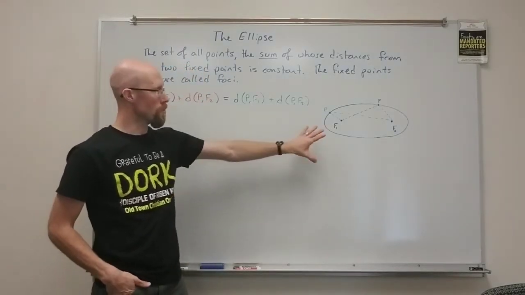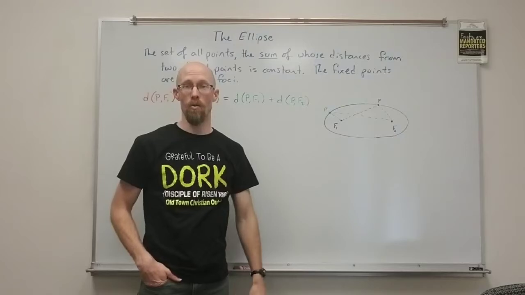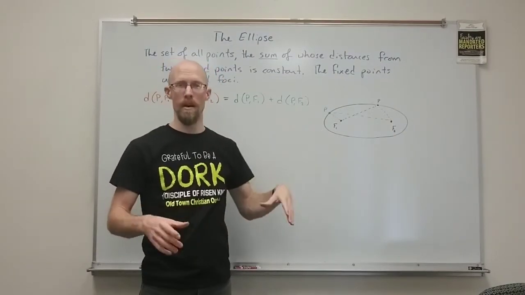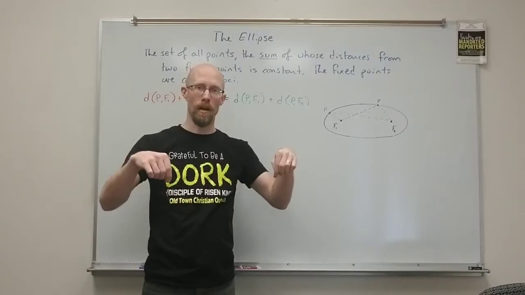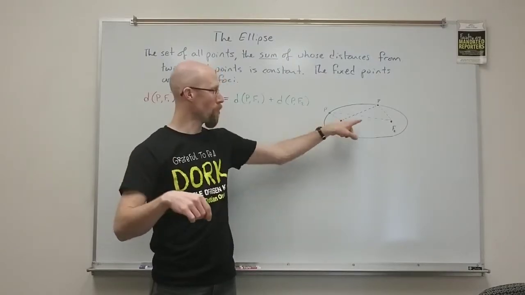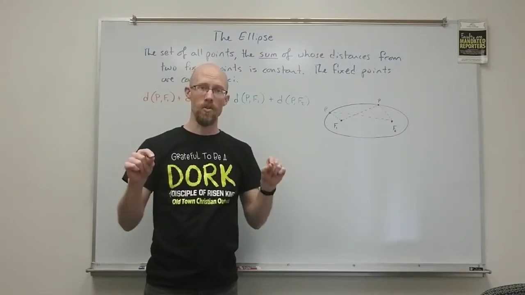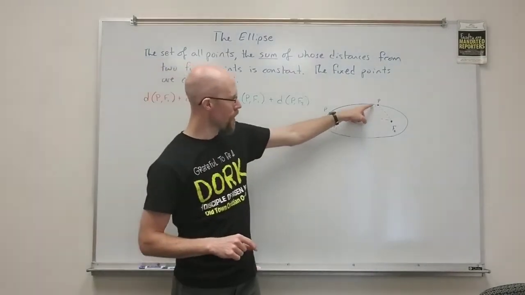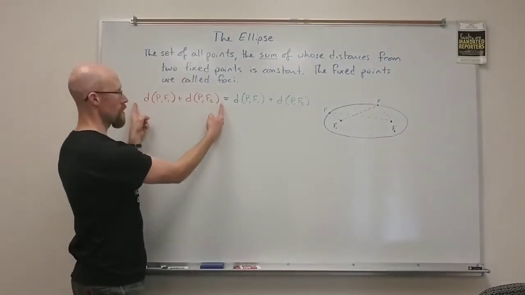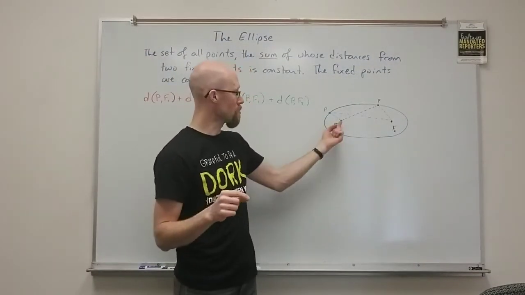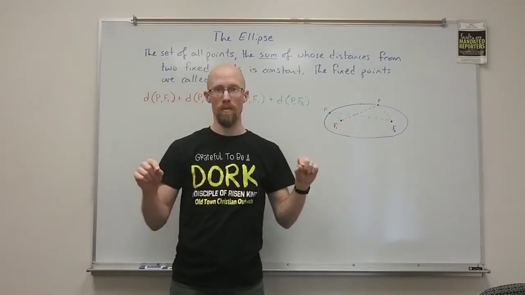Now there are ways to plot these or draw them by hand. One neat example, if you take a sheet of paper, put a couple tacks at the foci, and then take a string. The length of the string is equal to that sum, right? Of course, the length of that string needs to be greater than the distance between the foci.